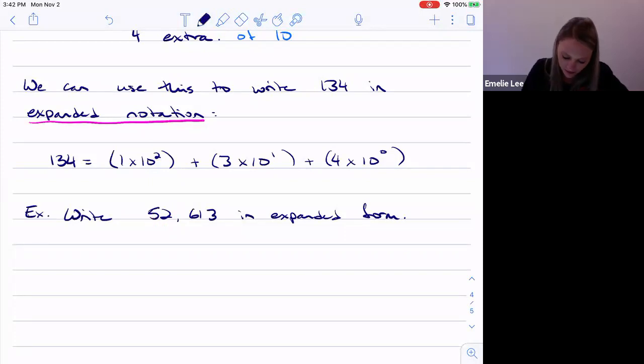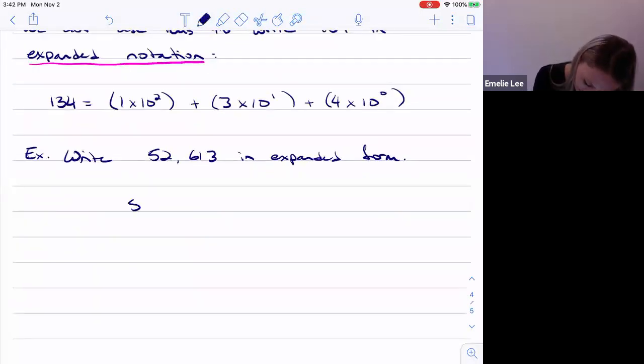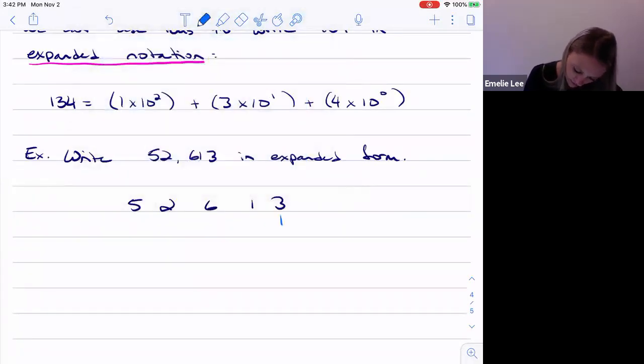Okay, so I'm going to write this number out, but larger. 5, 2, 6, 1, 3. Okay, so here, this is times 10 to the power of 0, 10 to the power of 1, 10 to the power of 2, 10 to the power of 3, and 10 to the power of 4.